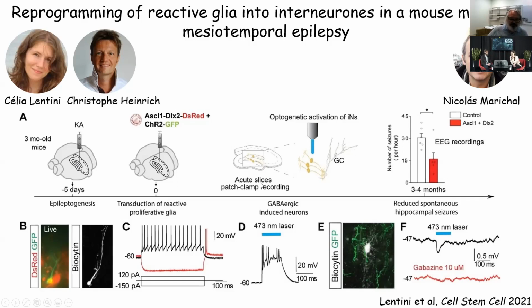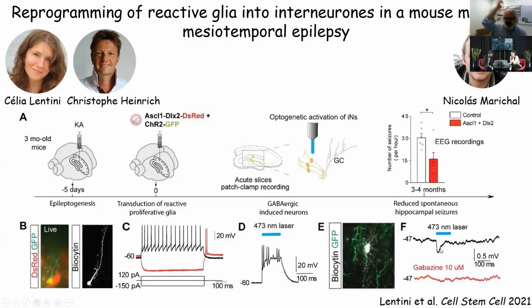So what Nicolas then wanted to see is whether we indeed can see synaptic transmission between induced neurons and granule cells. And so what he did was to do patch clamp recordings combined with optogenetics. Essentially, he shone laser light on the surroundings of cells that were surrounded by fibers that were GFP positive, because the channelrhodopsin that was expressed along with the reprogramming factors was targeted to the induced neurons.